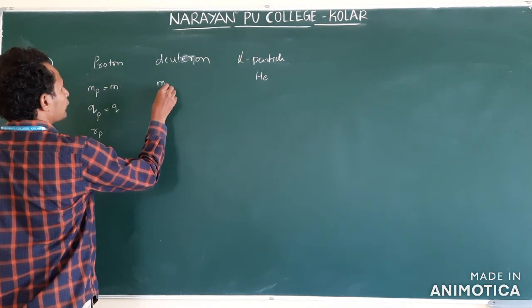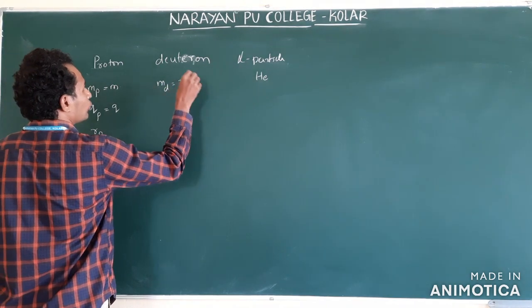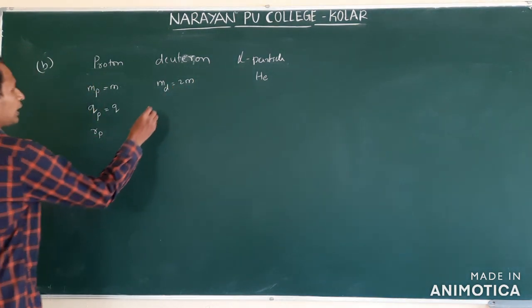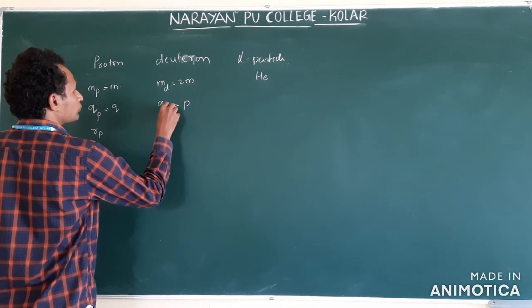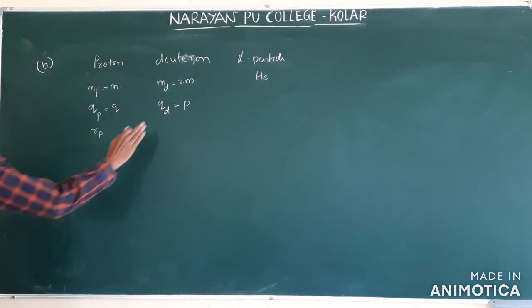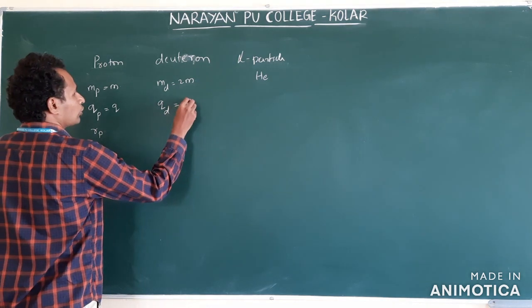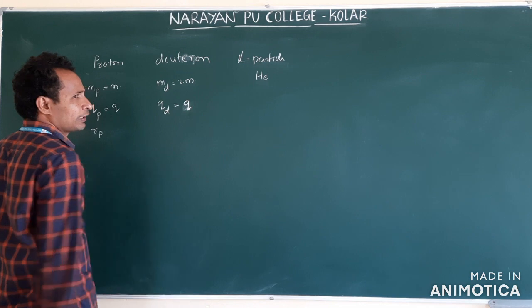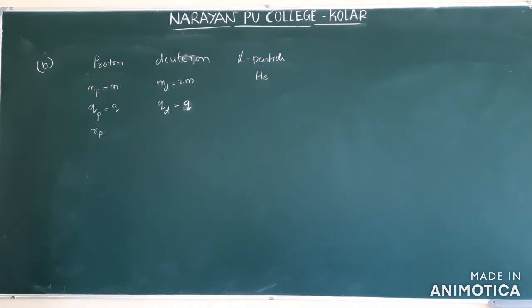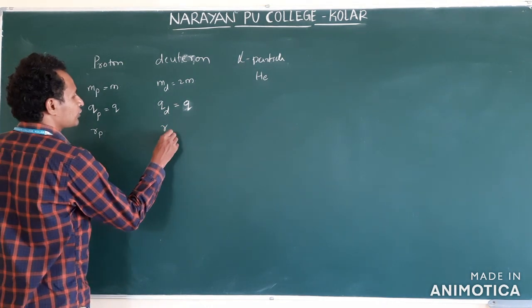So mass of the D is equal to 2m. Charge of the deuteron is equal to plus Q. Only one proton is there. Deuteron is what? Isotope of hydrogen. Then the radius they ask us to take is Rd.